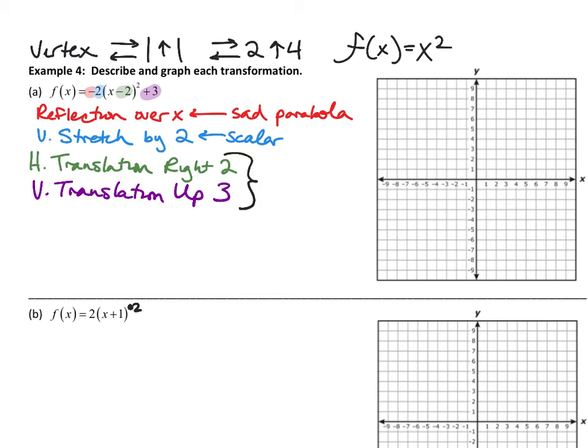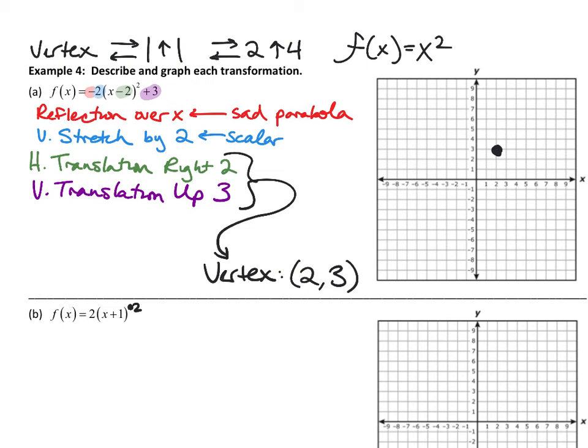So if you use these numbers, you can create your starting point or your vertex. Your vertex is right 2, up 3. Left would be negative, and down would be negative, but we went right 2, up 3, which means I have my very beginning starting place, over 2, up 3. There's my vertex.